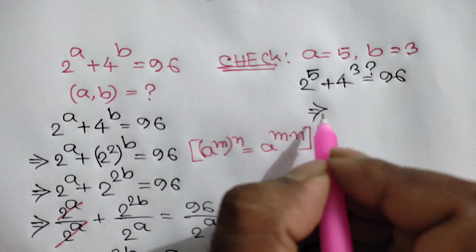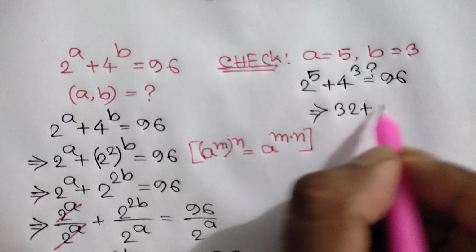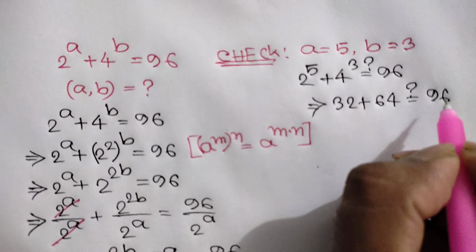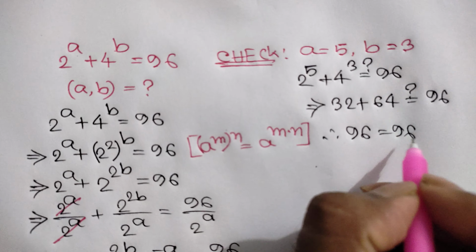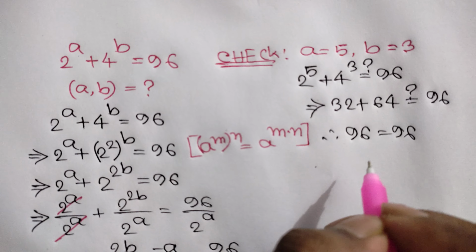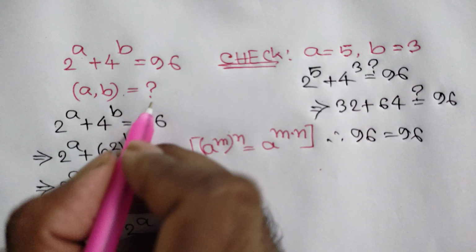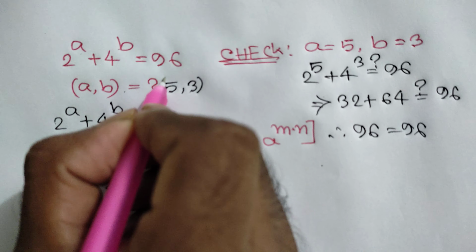Or 2 to the power 5 means 32, plus 4 cube means 64, it is equal to 96. So 96 is equal to 96. So left hand side is equal to right hand side. So the value of a comma b is equal to 5 comma 3.